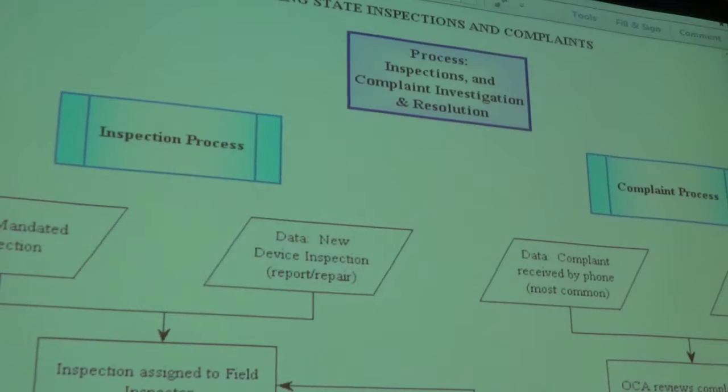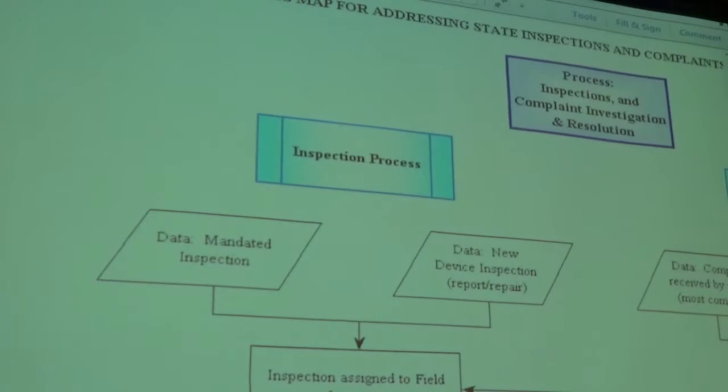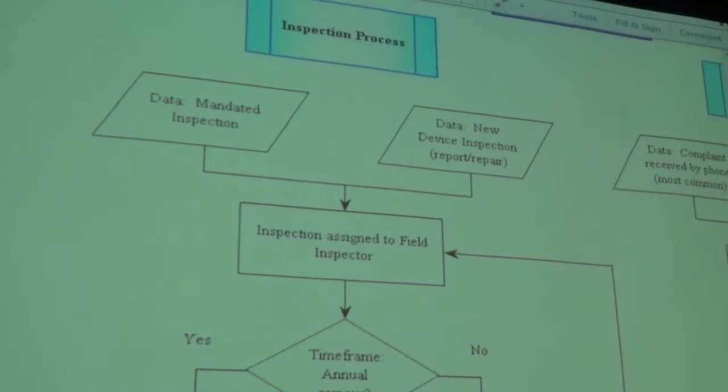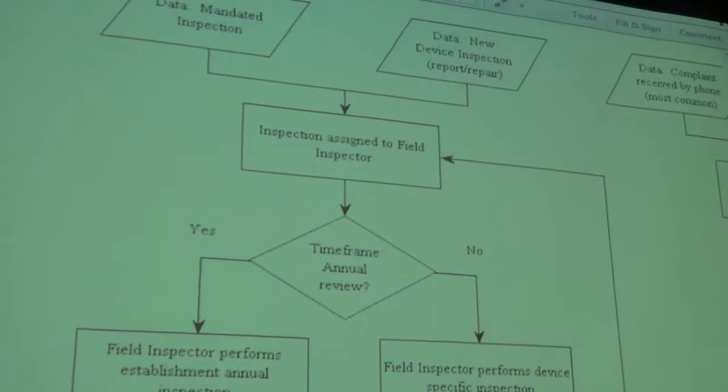On page 45, we have the process for inspections and for investigations. So there's an inspection process, and there's a complaint process. I'm not going to go through all of this, but I'm showing you how there's a mandated inspection and a new device inspection. Those inspections are conducted by the field inspector.